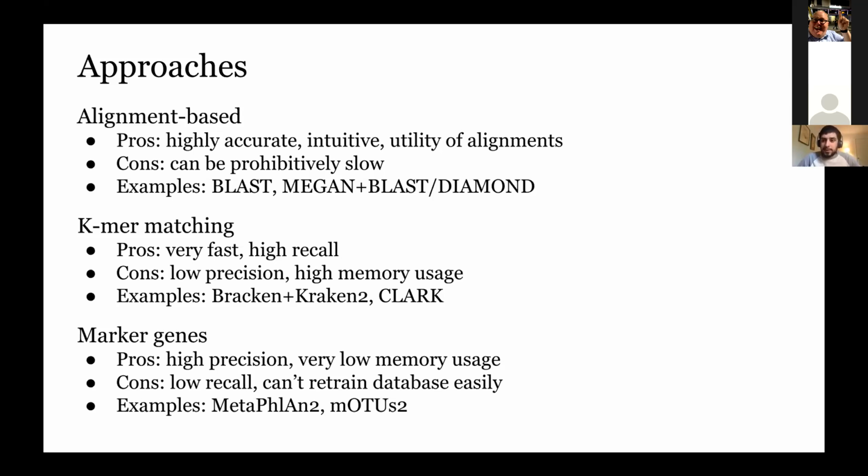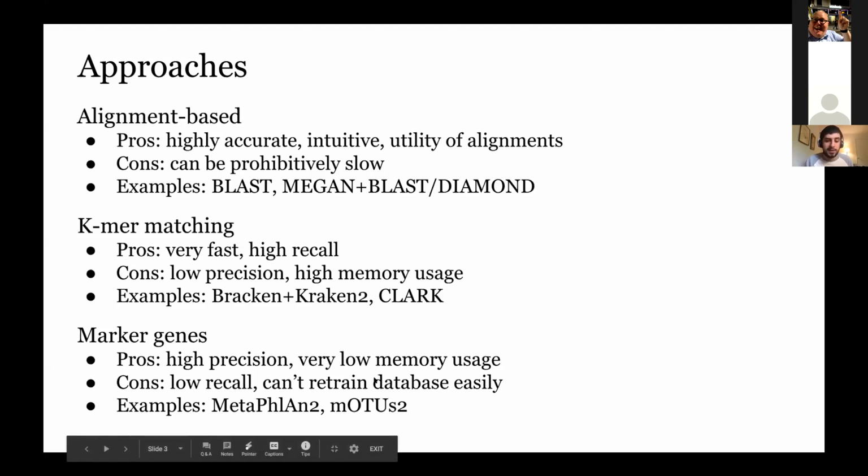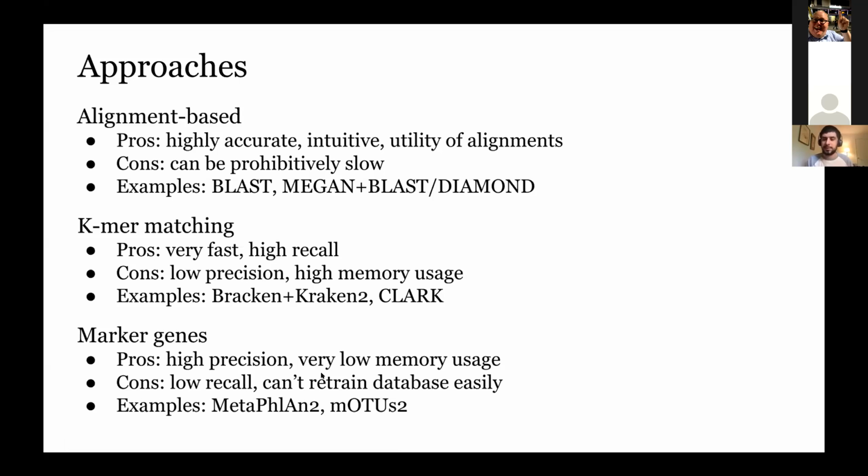But some of the drawbacks are that sometimes there's low recall, and sometimes the abundance estimation is off because you don't get the information from being able to align to all parts of the genome. You're focusing on a specific subset of genes, and it's not easy to retrain the database. If somebody else has a custom database that they want to put in with a certain set of reference organisms, it's usually not easy to do that with these methods.